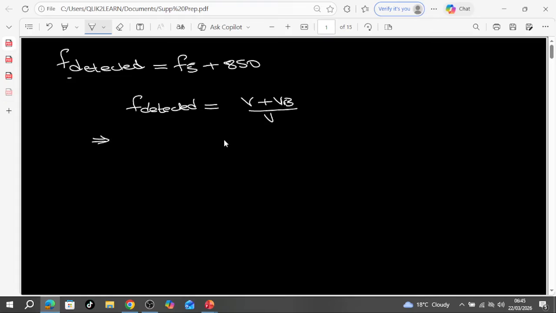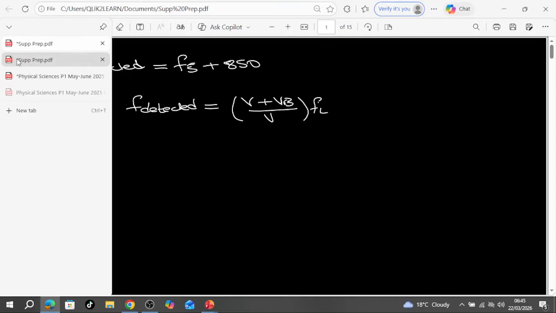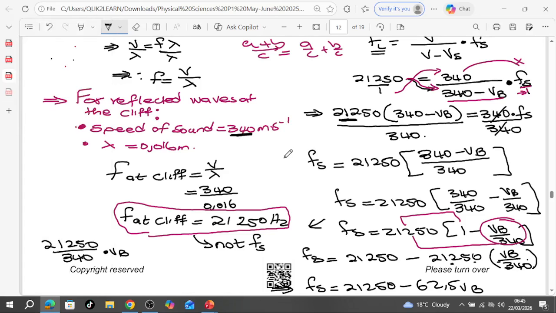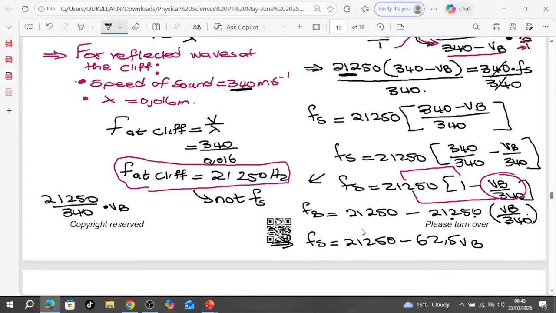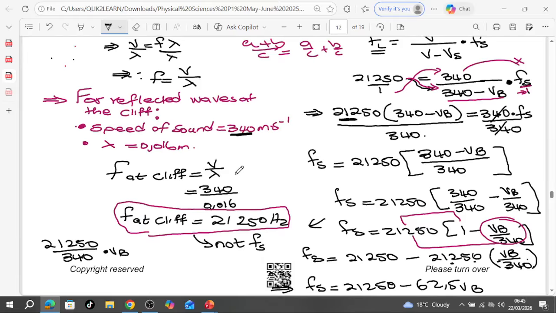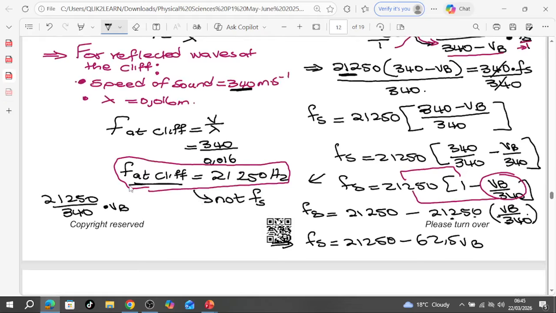Now, this will be the F detected. It's equal to this formula, then multiply that by the frequency of L, and then now we can do the substitution. If you still remember what we just calculated, the frequency at the cliff was 21250.